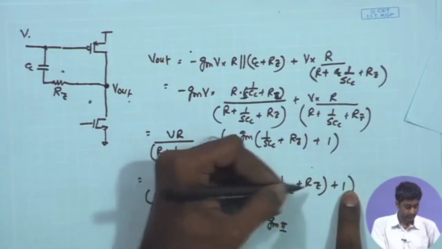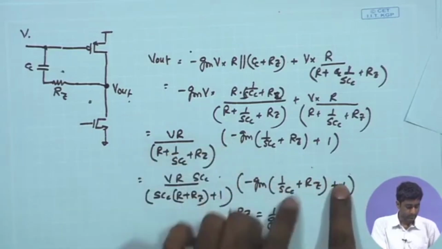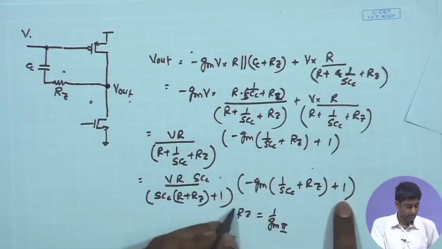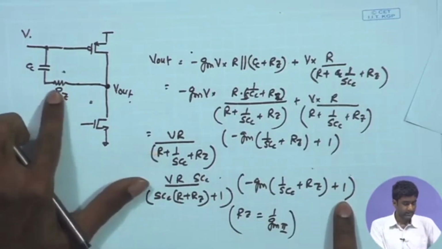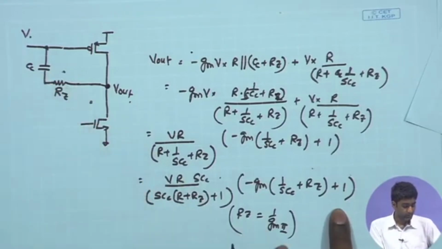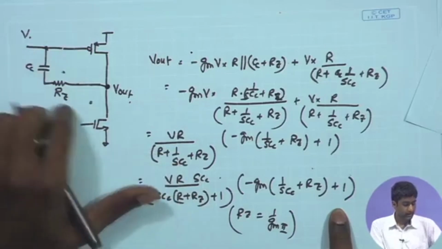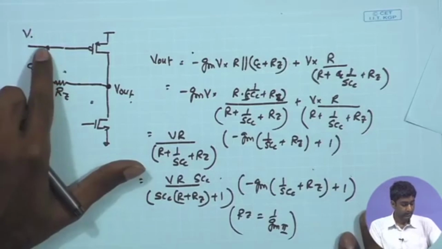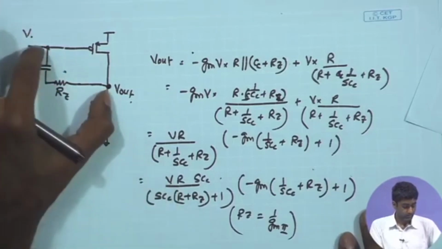In that case the only term left in the numerator is 1 upon sCc, which is getting cancelled once again over here. So, this is another way: by inserting this nulling resistor Rz and setting its value equal to 1 upon gm2, I can effectively eliminate the effect of the zero coming because of this path, and hence have a much more stable response.